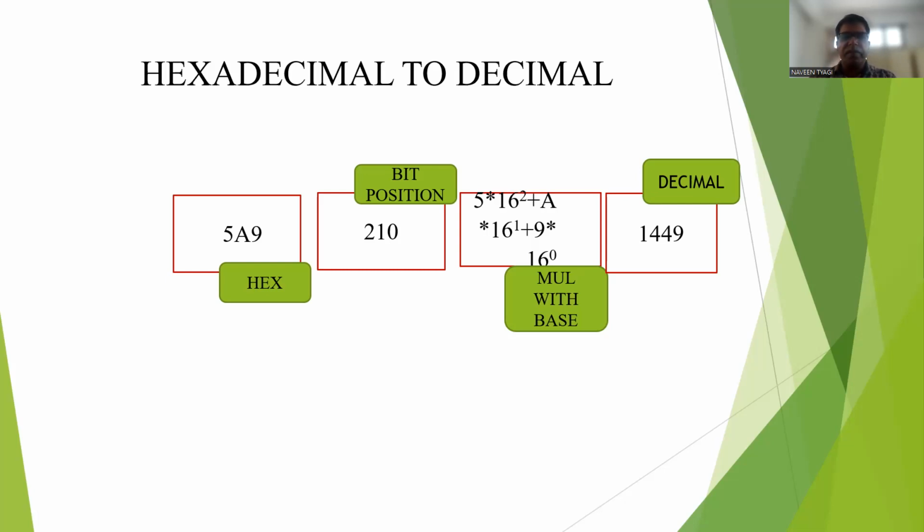Each digit is multiplied by its weight according to its position. 9 has position 0, A has position 1, and 5 has position 2. 5 is multiplied by 16 squared, A (15) is multiplied by 16 to the power 1, and 9 is multiplied by 16 to the power 0. After multiplication and addition, the number is formed in decimal form as 1449.